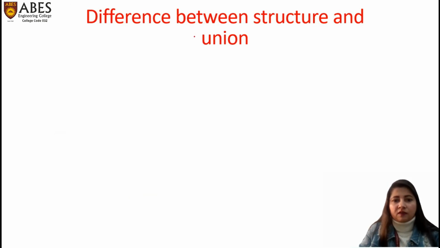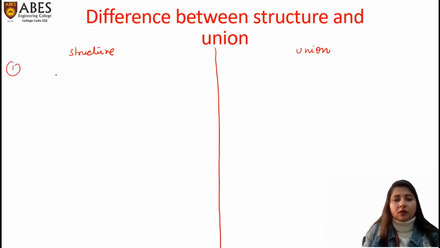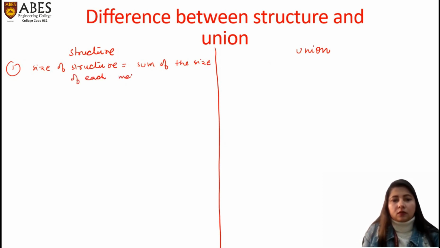Now let us discuss the differences between structure and union. The size of structure will be equal to the sum of the size of each member, whereas the size of union will be equal to the size of the largest member.